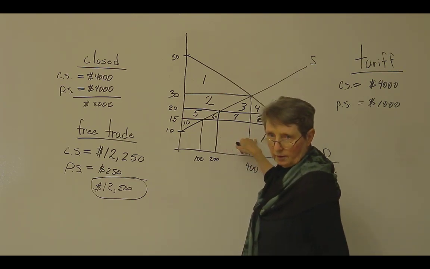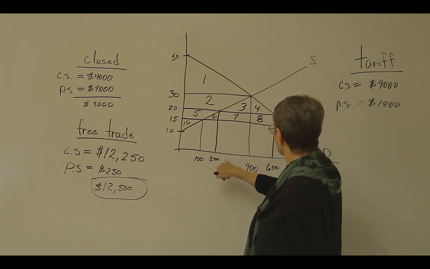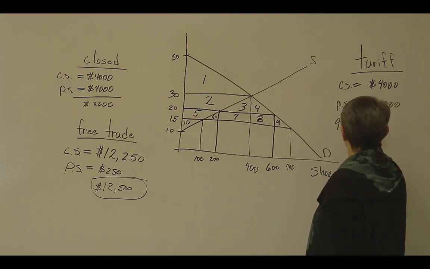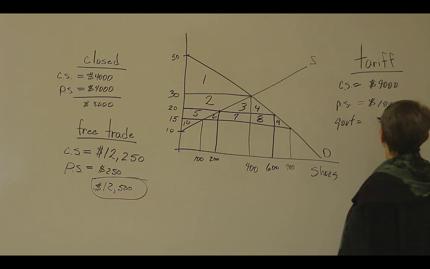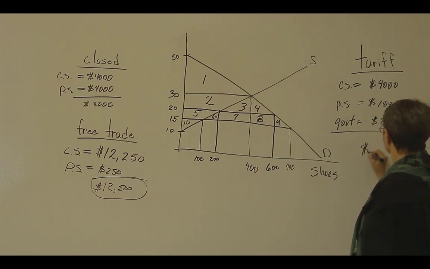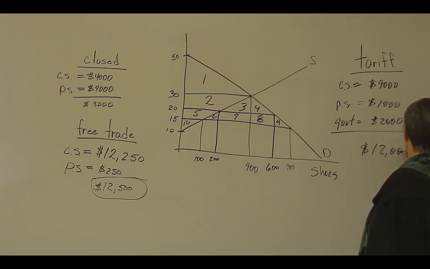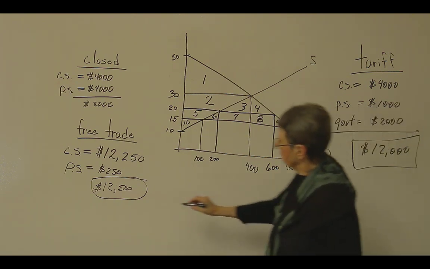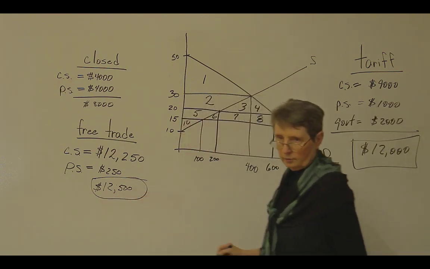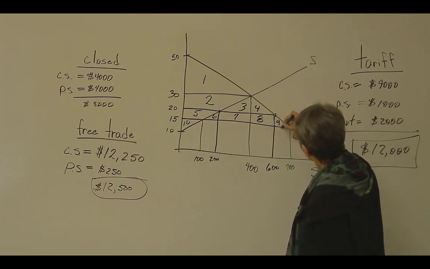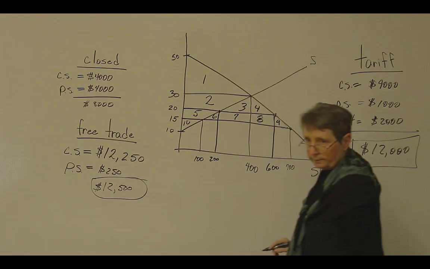Tariff revenue that the government collects, they're going to collect $5 on 400 units. So the government is going to collect $2,000. And so when we add all this up, we get $12,000. Compare this with $12,500. The economy's just lost $500. The economy has lost areas 6 and 9.